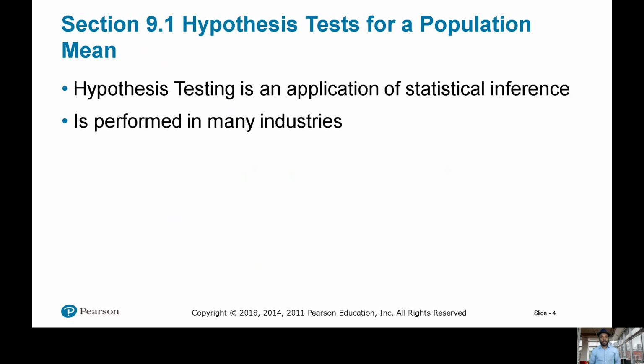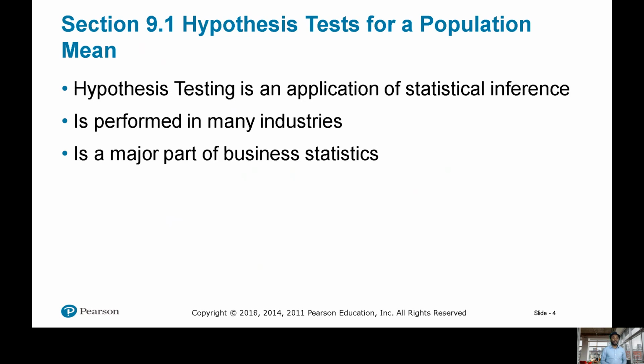This hypothesis testing is performed in many industries. So it's a major part of business analytics. This really is the high point of all that we've been doing from chapter 1. We are at the zenith of all the topics so far. This is really where we are trying to get to from the very beginning: how to conduct a hypothesis test, how to make a decision based off whatever research or business ideas that you have formulated and you would like to test.